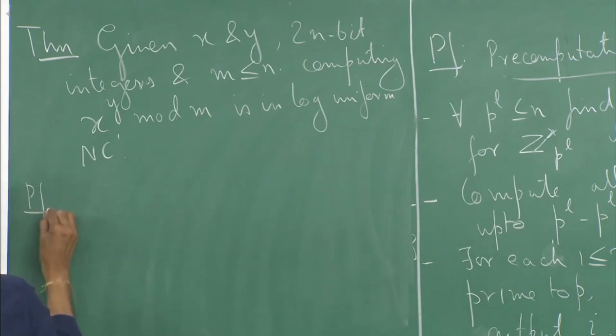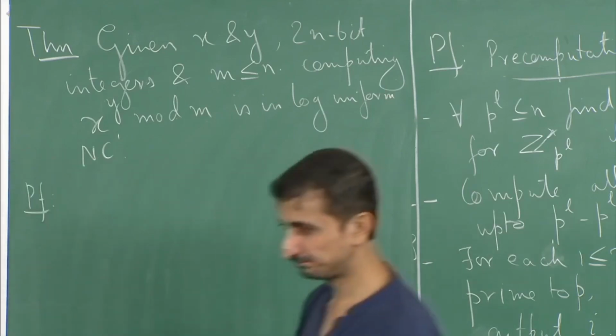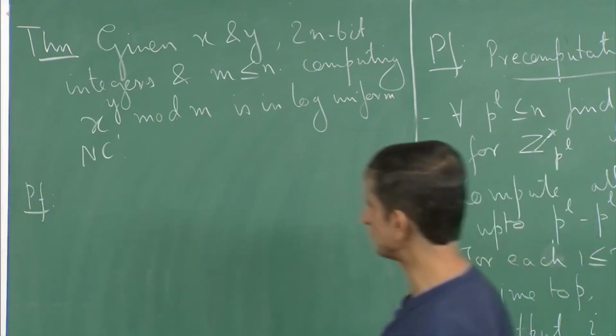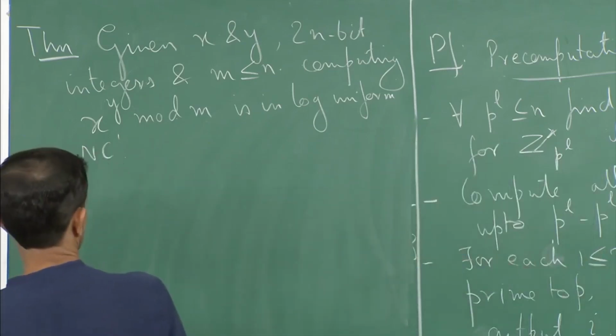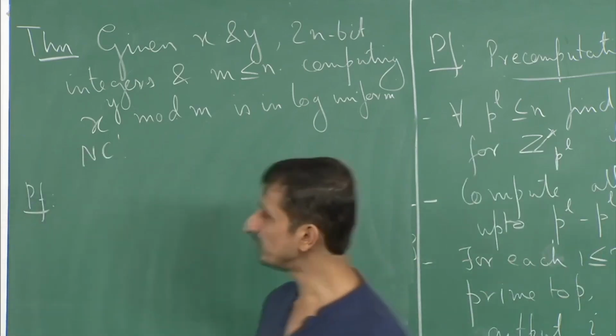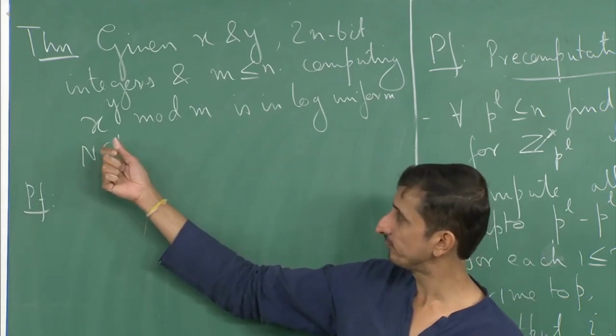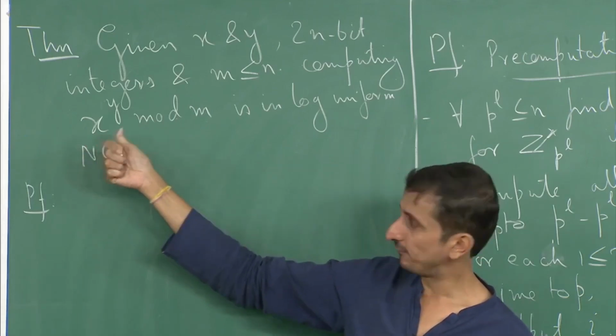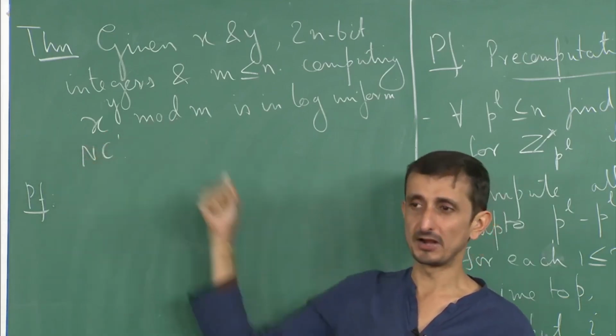The proof idea is just a few things, but I'll give you some hints to the proof. Instead of x, first we compute x mod m.